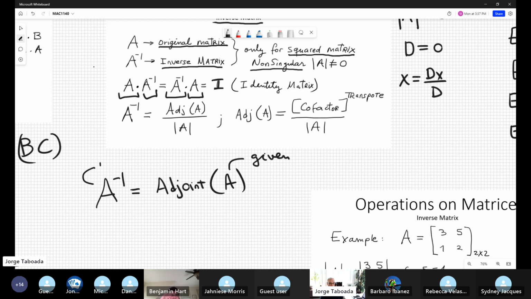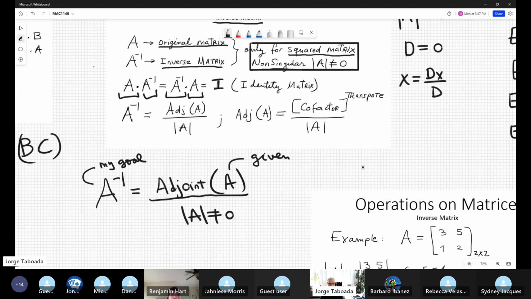This is my goal. The inverse, divided by the determinant of A. It is obvious that this determinant is non-zero because by default I suppose that the matrix is non-singular. So if you discover that the determinant is 0, definitely you say, Professor, the inverse does not exist. Okay. What about adjoints?